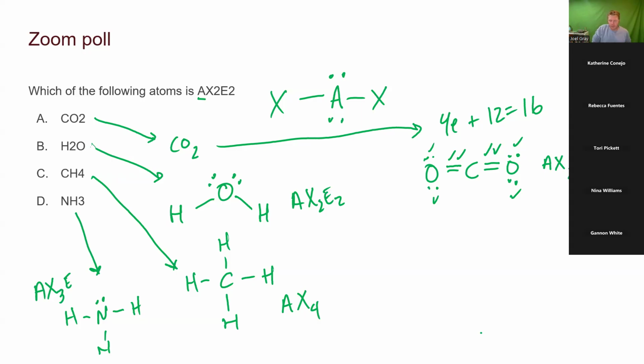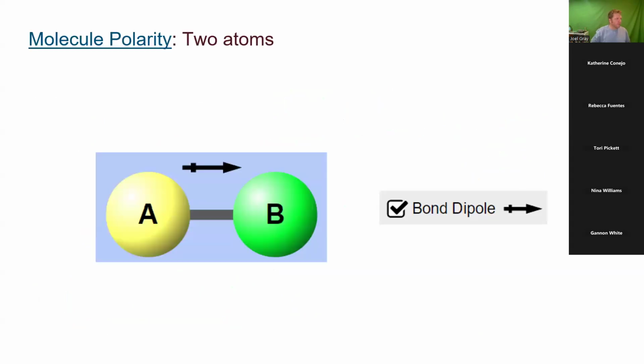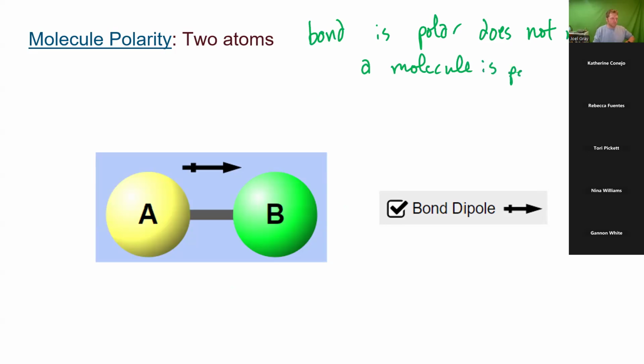Now, with that in mind, this is an important thing to know on this next slide. If a bond is polar, okay, cool, that does not mean a molecule is polar.